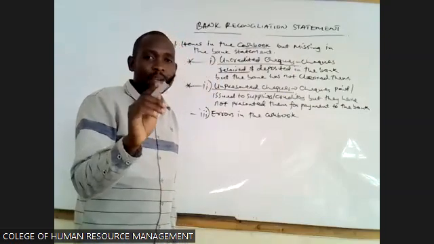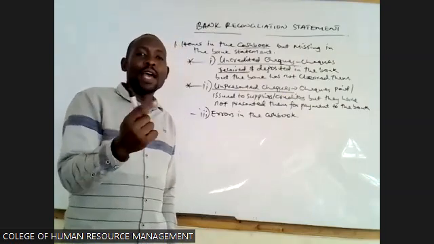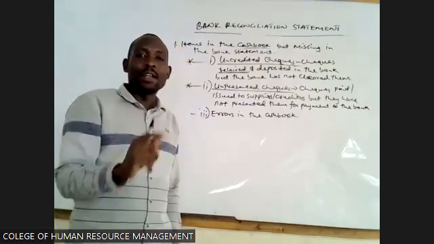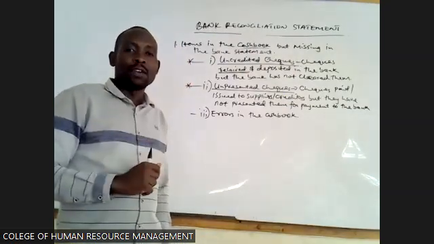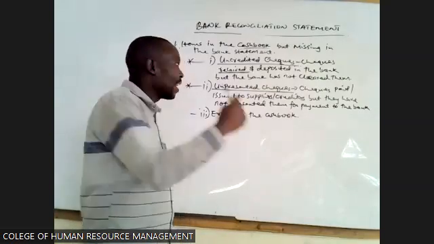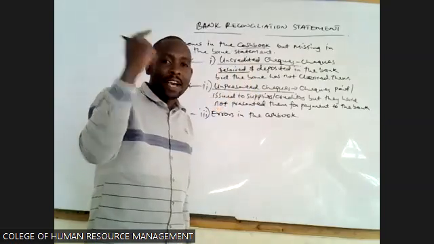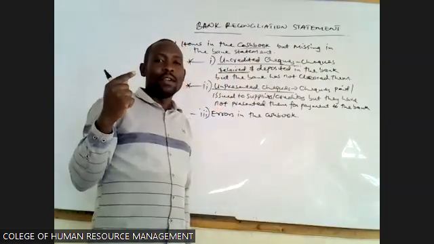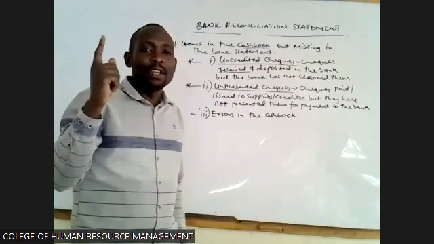I'm insisting on that point because when this question comes in an examination, you will be asked to do two things. Number one, you update the cash book. Number two, you prepare a bank reconciliation statement. The moment you understand that uncredited checks and unpresented checks are already in the cash book, they are only missing in the bank statement, you cannot use them to update the cash book.